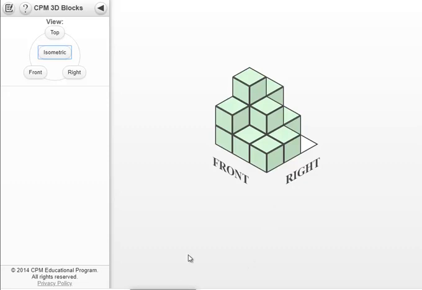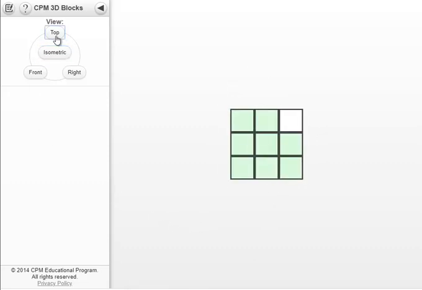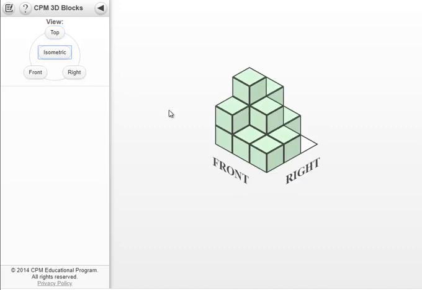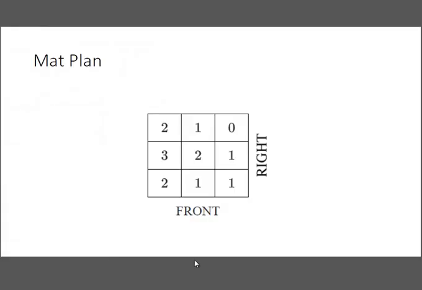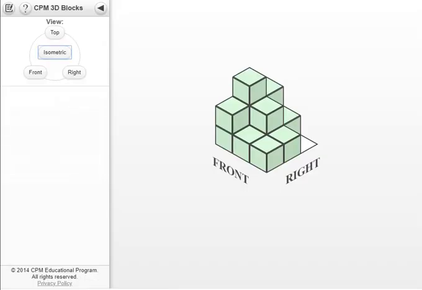A map plan is like a top-down view of this shape, but instead of the top-down view where you can't see the depth, it's saying how many cubes are in each of those spots, right? So in this back corner, there's 2, there's 3, there's 2, there's 1, there's 2, there's 1, there's 1, there's 1. So again, this would be the map plan of this three-dimensional shape.